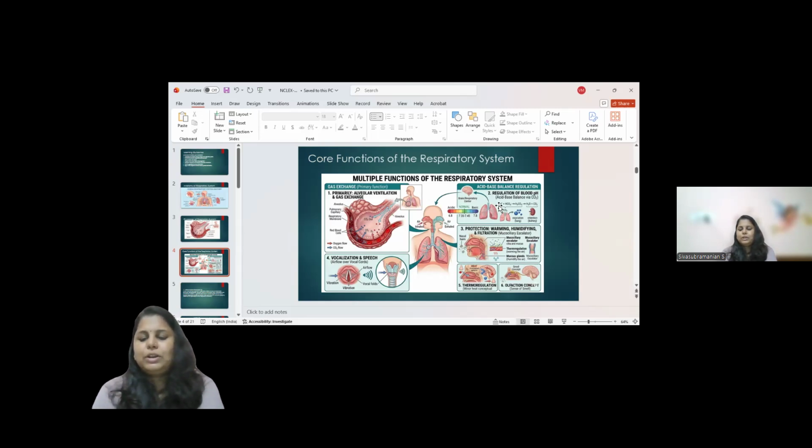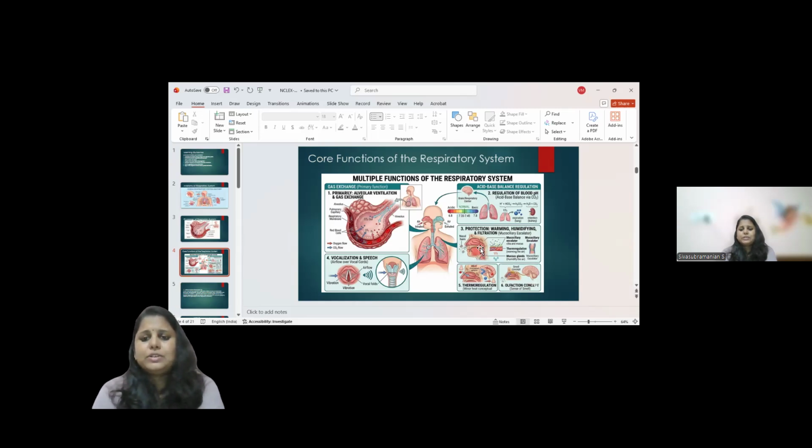It helps regulate blood pH, so we can maintain the normal pH of blood in our body. If any variations take place, it will end up with imbalances in the respiratory system as well as in the renal system. The third one is protection.